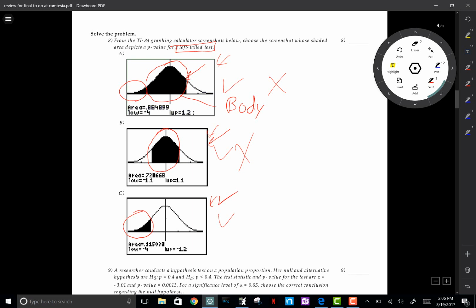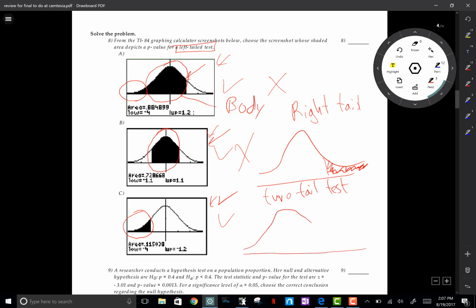Hypothetically, if I had wanted a right tail test, you'd have a density curve where the right side of the tail should be shaded. If they had asked you for a two-tail test, since it's a two-tail test, that means it could be either less than or greater than.